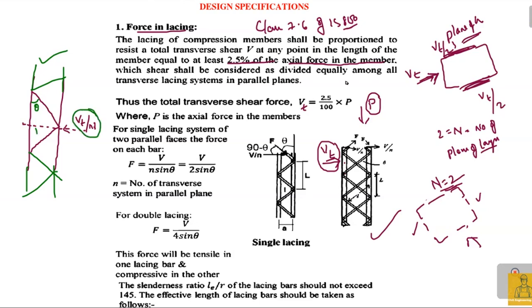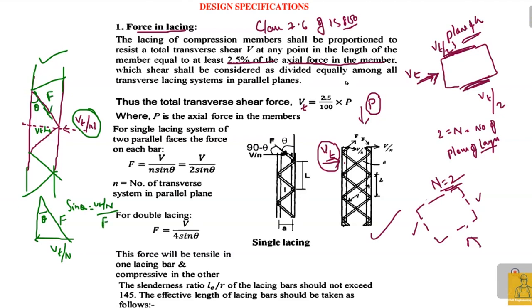You can write this as Vt by n, just representing the direction since it is a force vector quantity. I'm just drawing the diagram here individually, only that portion Vt by n, and this is theta. So what will be the value of sine theta? Sine theta is equal to Vt by n divided by F, if you take the force in this lacing bar as F.